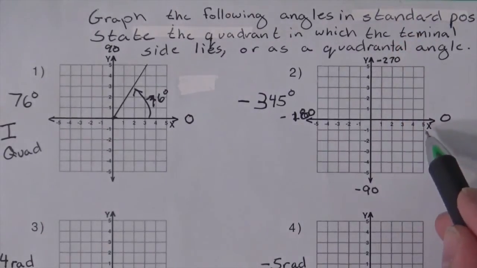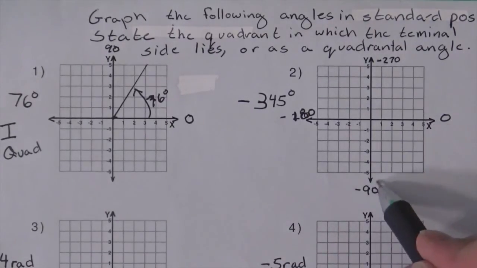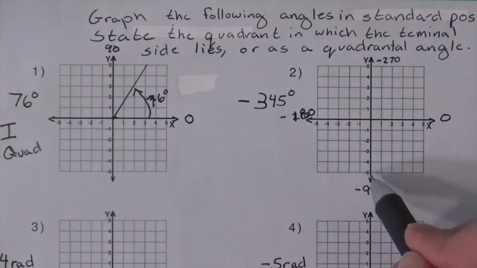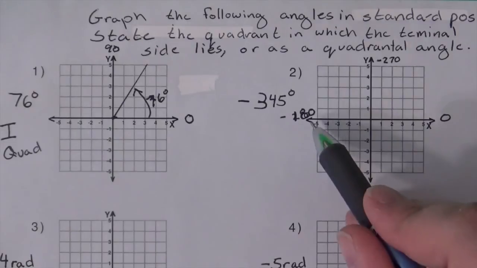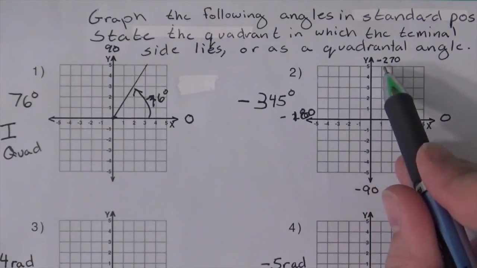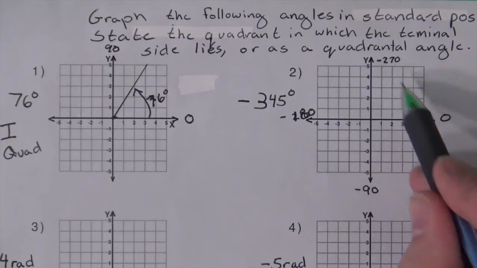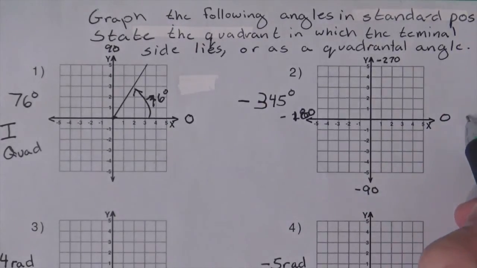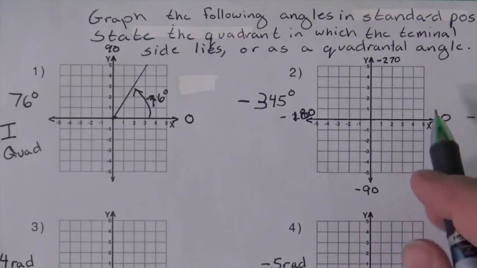So as I go around, negative 345 degrees will not fit within this quadrant because this is only going from 0 to negative 90. And then this one only goes from negative 90 to negative 180, so it won't fit there. This one goes from negative 180 to negative 270, so that's not good enough. And now we have this last one, where this becomes negative 360. Does it fall within this quadrant? Yes.